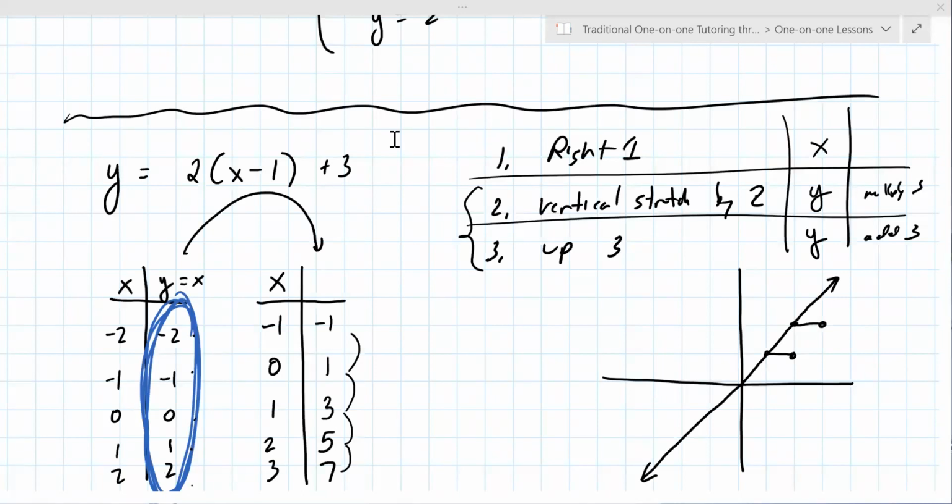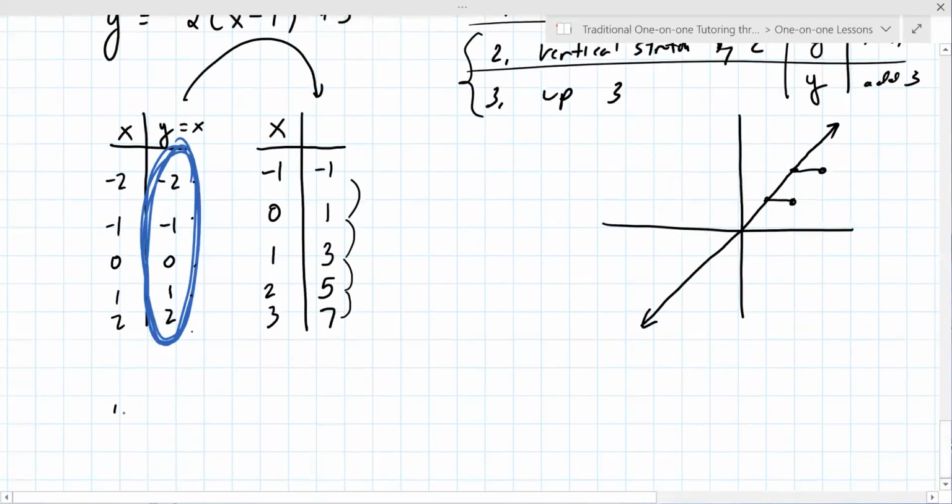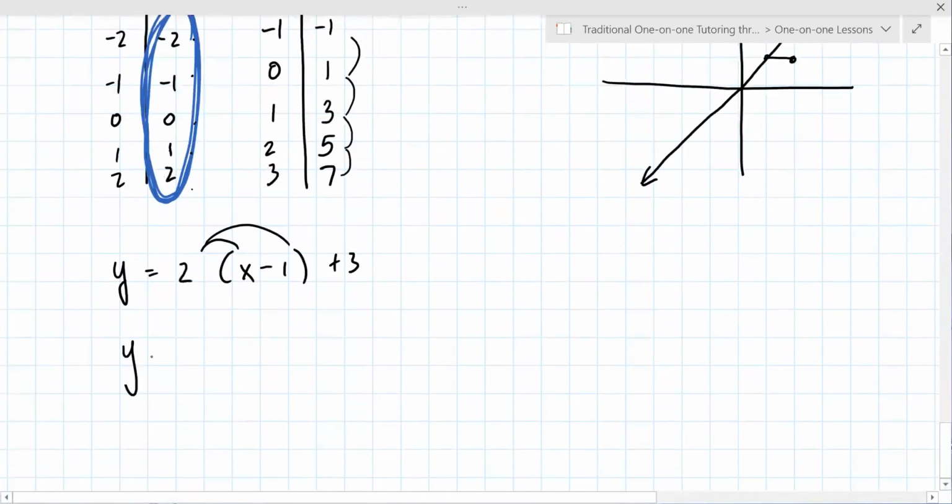Your transformations here are correct, but if you were to distribute this 2, and then combine like terms, let me come down here and write y equals 2 times (x minus 1) plus 3. So let's say you distribute this 2, and you're at y equals 2x minus 2 plus 3, and then you added them together.